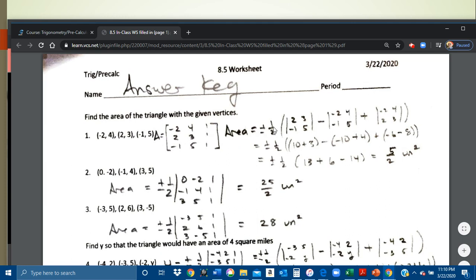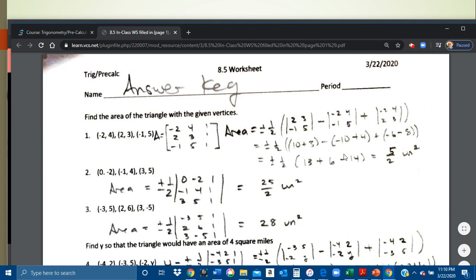So area is going to be plus or minus 1/2. Using column 3 again, I'm going to use 2, 3, -1, 5. So that's going to be 10 plus 3, minus for the second one, -2, 4, -1, 5, is going to be -10 plus 4, plus the last one is going to be -2, 4, 2, 3, -6 minus 8.